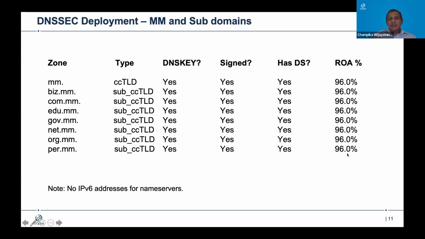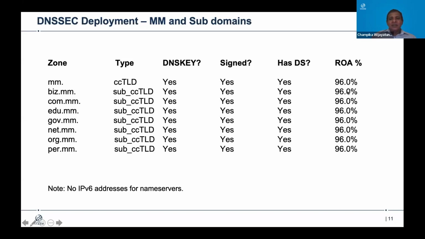I have also included some stats with the ROAs. ROAs are route origin authorizations. These are more related to the addresses, because all these name servers that I was talking about that are serving these domains are in a certain IP block, right? Whether that IP block has a ROA, right?